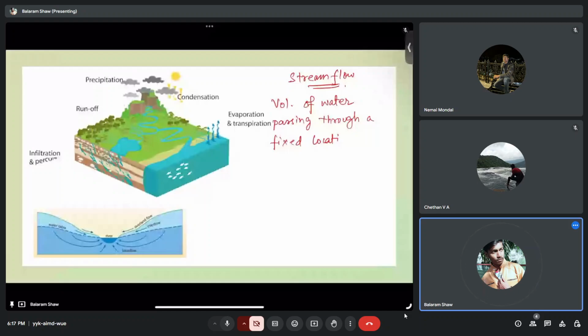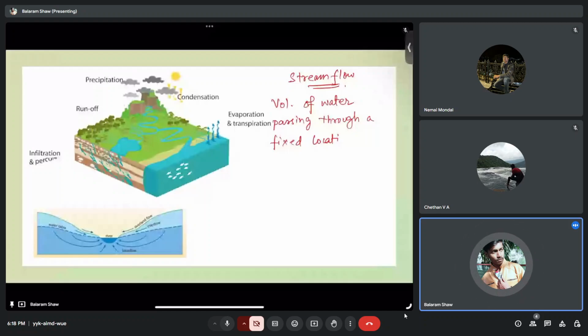If you see the hydrological cycle, we have studied evaporation and transpiration, then condensation, precipitation, infiltration and percolation. These all we have studied earlier. Now the main process, or the most visible component of the hydrological cycle, is the stream flow.